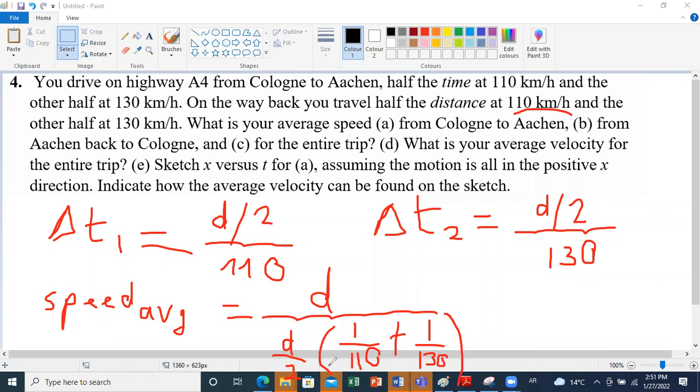Okay, and as you can see, d will simplify. So you will obtain that your average speed can be calculated as 2 over 1 over 110 plus 1 over 130. And you can use your calculator to determine what will be the value of this average speed. Okay. Any question on this?